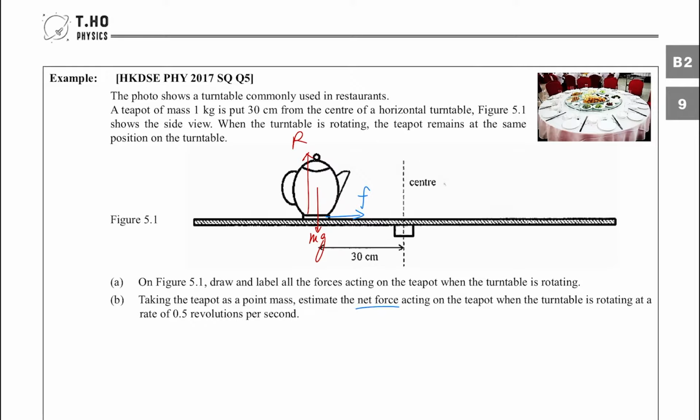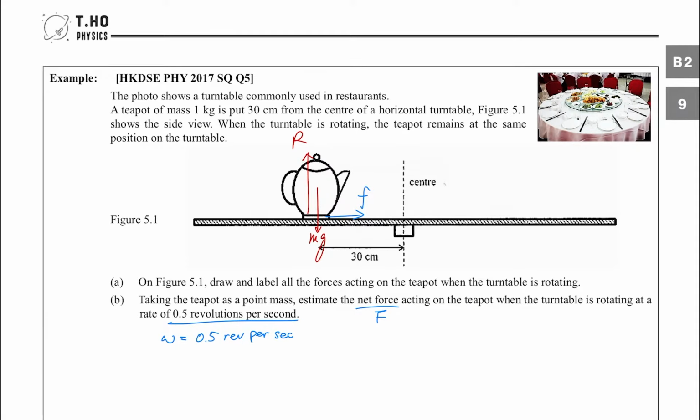Part B, taking the teapot as a point mass, we need to estimate the net force, F, acting on the teapot when the turntable is rotating at a rate of 0.5 revolutions per second. So what is this? 0.5 revolutions per second. That means the turntable is rotating for 0.5 revolution per second.